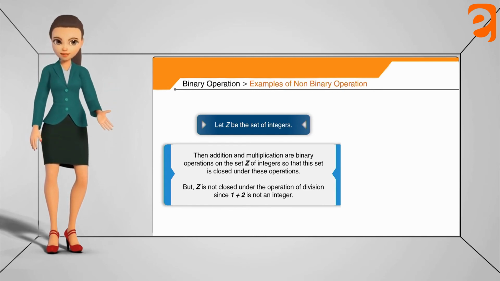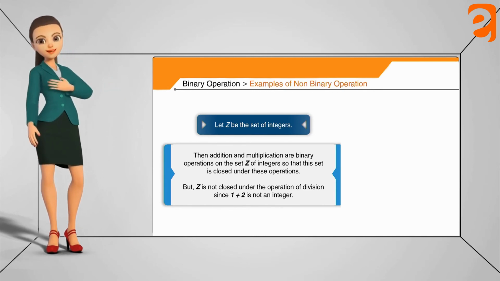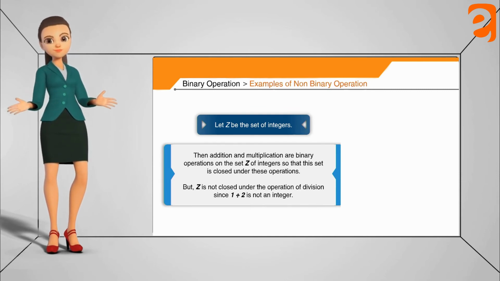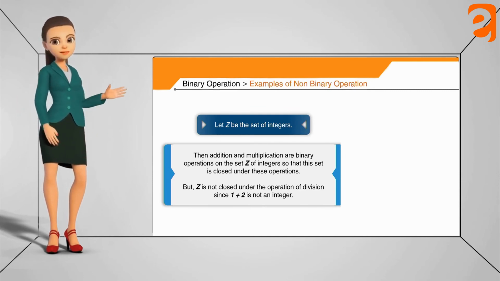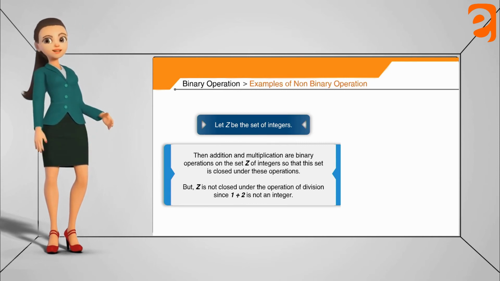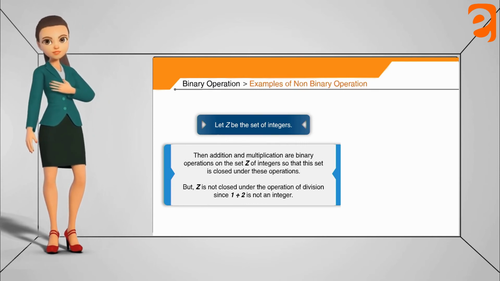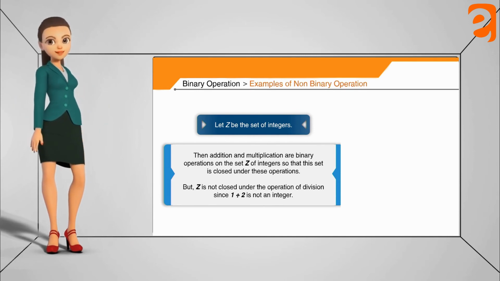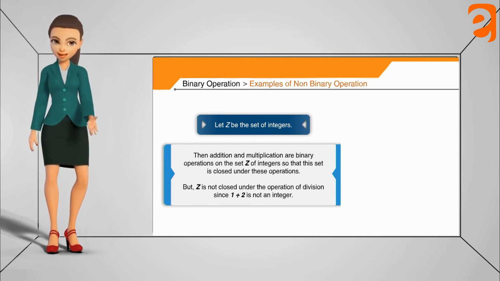No. Consider a specific case: 1 is an integer, 2 is an integer, but what about 1 by 2? 1 by 2 is not an integer, it is a rational number. Hence, addition and multiplication are binary operations on the set of integers, but division is not a binary operation on the set of integers.